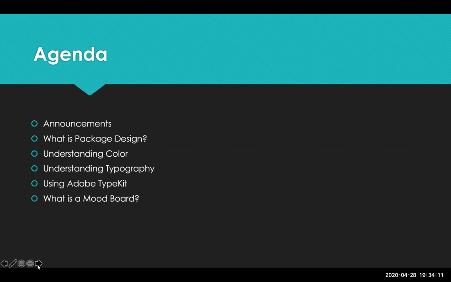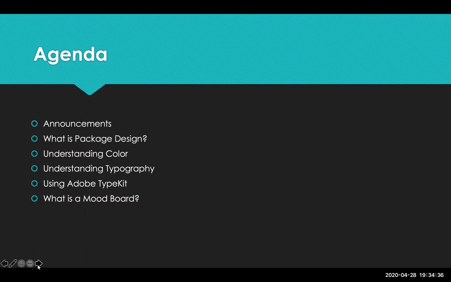So tonight we're going to go over a couple of announcements, and then we're going to dig into the lecture portion of this week, where we talk about what package design is and the different roles that designers can play when it comes to package design. We're going to really talk about color and how it relates to communicating in logos and in packaging.